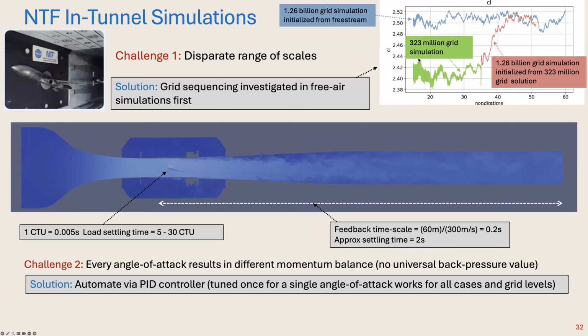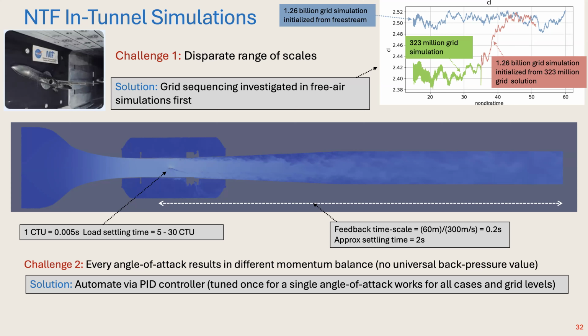And then the other simulations we did, we started with 323 million grid points free air, and then we stopped. We did grid sequencing: we interpolated the solution to 1.2 billion grid points, and then we started, and it reached the level of the free air simulations initialized from free stream. It reached that level, and we got that confidence, so we moved to internal.